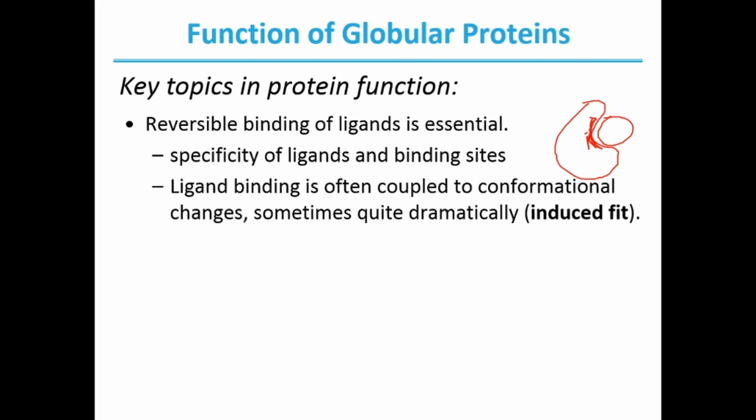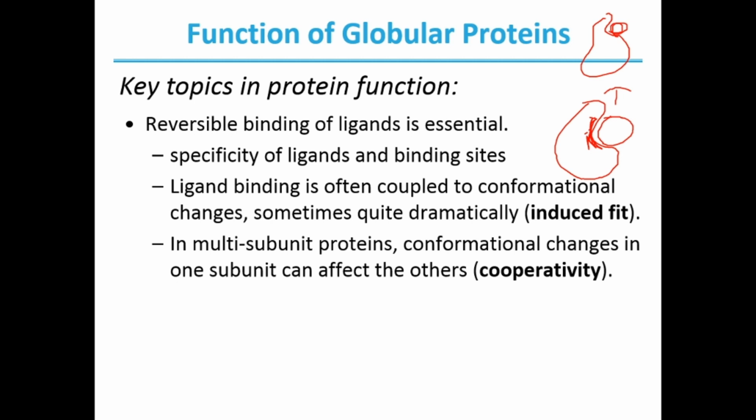Now, ligand binding is often coupled to conformational changes, sometimes quite dramatically. This means that once a ligand binds a protein, it can alter the structure of this protein, so that once the ligand binds, the structure of a protein can change like that. That depends on the nature of the ligand and the site where it binds a protein.